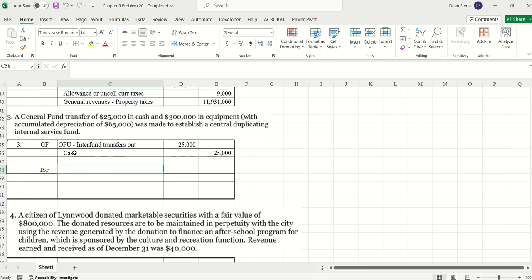So again, here we transferred cash out, so that means we are transferring cash in here, correct? And then we're going to debit equipment. Fingers don't seem to want to work today. So equipment, and that's going to be for how much? Yep, the $300,000.